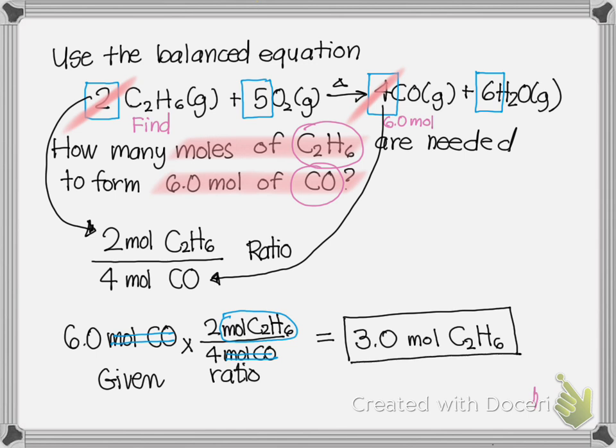So if we make 6 moles of carbon monoxide, we started with 3 moles of the C2H6. So in this problem, you're going to use the balanced equation to get a ratio, and then multiply that ratio by what you're given.